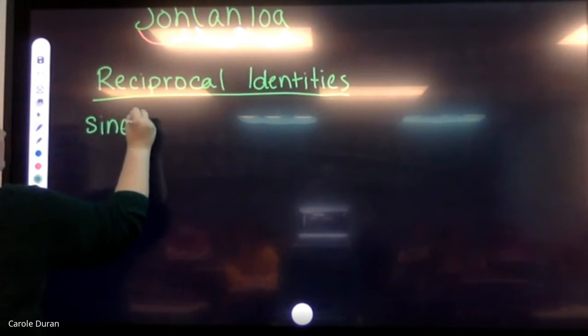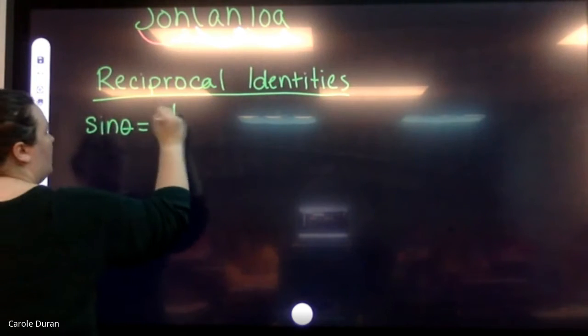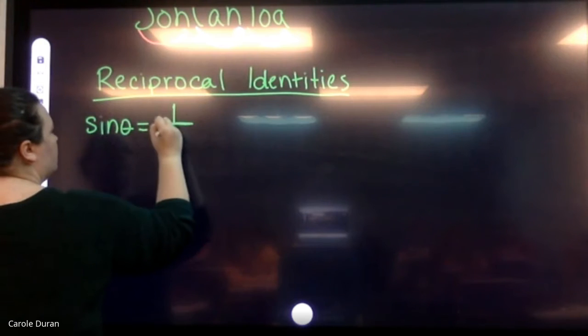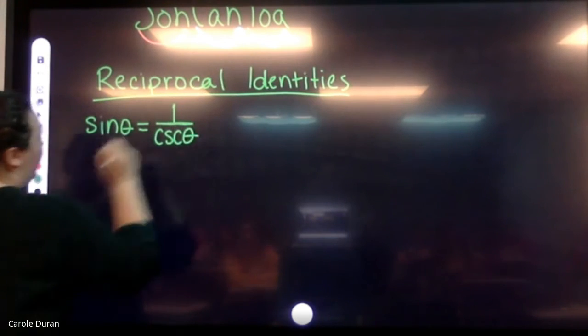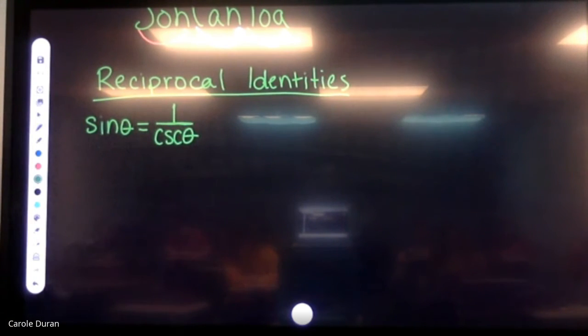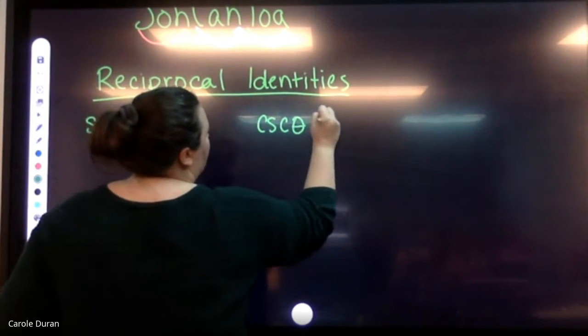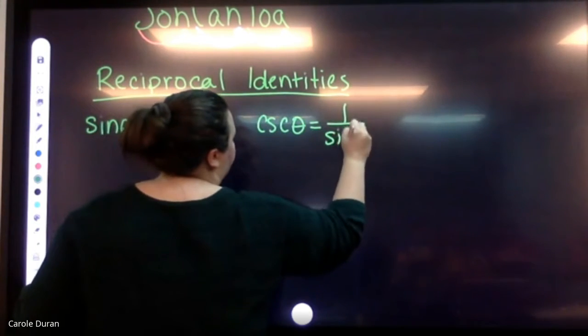So the reciprocal of sine is 1 over, oh gosh, sorry. So sine is the same as 1 over cosecant because cosecant is the reciprocal of sine, which means that cosecant is equal to 1 over sine.